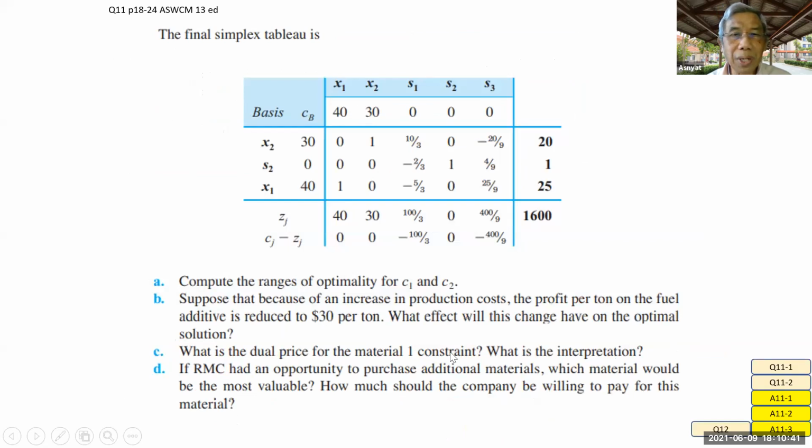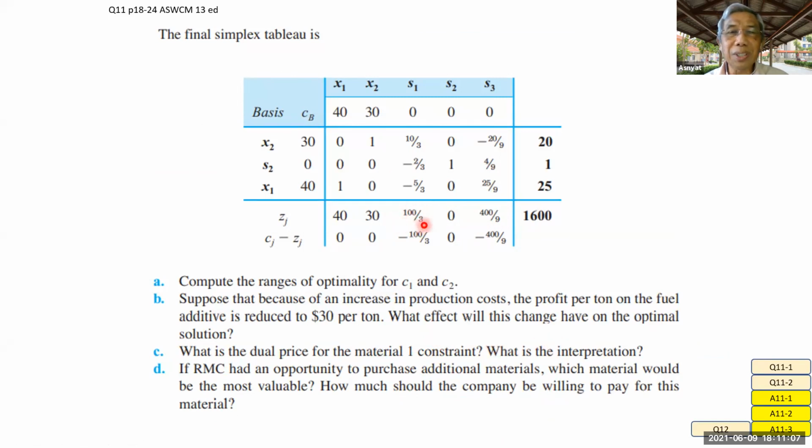What is the dual price for constraint one? How do we know this? The dual price is this value of Z. This is for material 1, material 2, material 3. So 100 divided by 3 is the dual price for material 1. What is the interpretation?